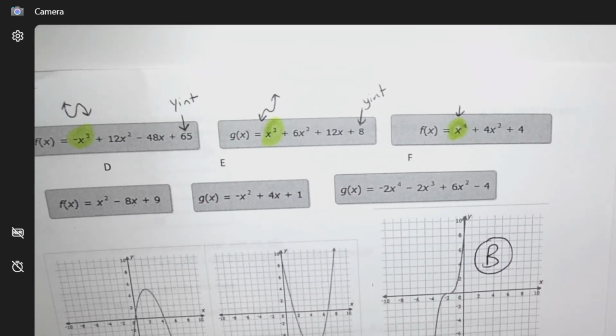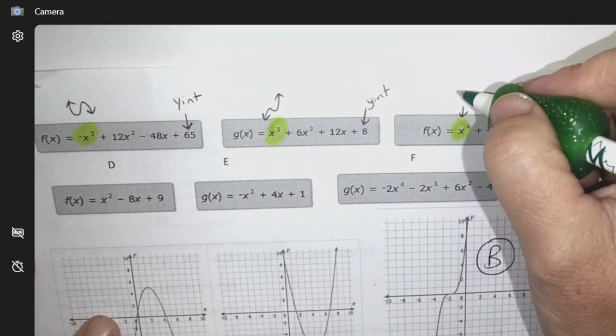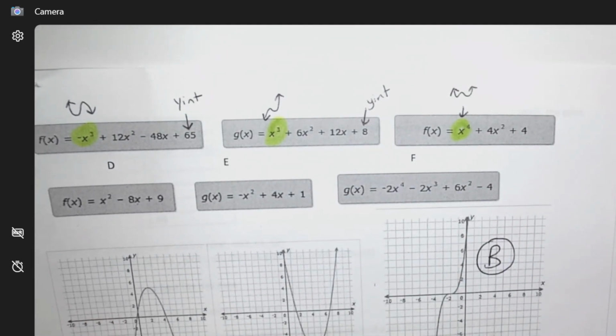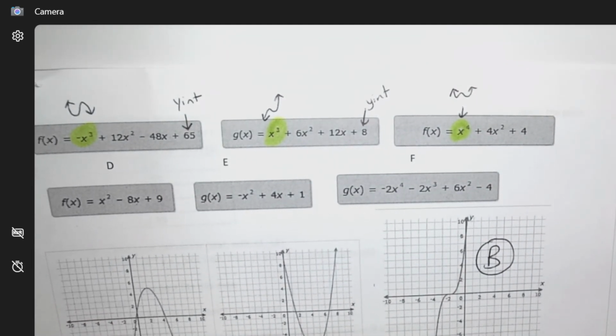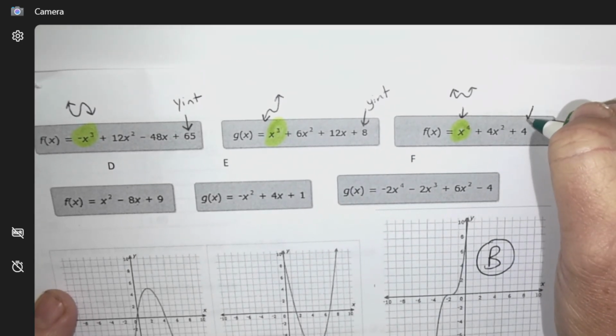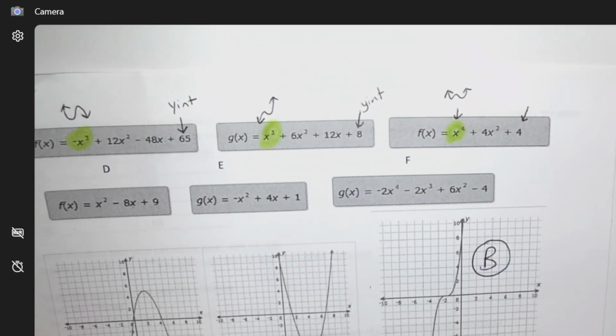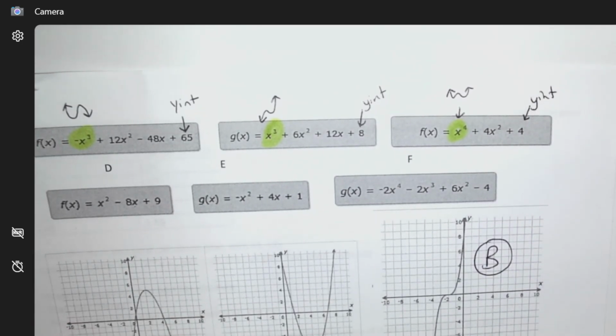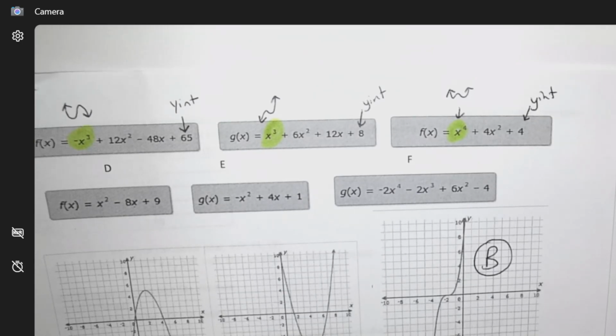Okay, next is an x to the 4th. What did the arrow patterns look like on an x to the 4th? Could be a W, but the arrows are both going up. And a y-intercept of 4. So I need arrows upward, and I need a y-intercept of 4.